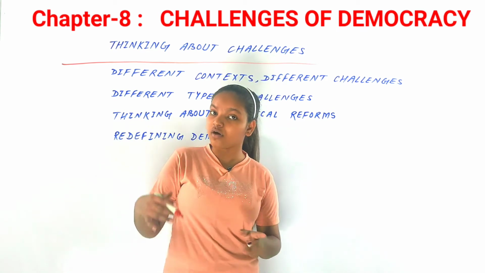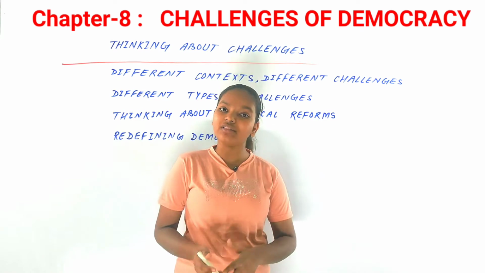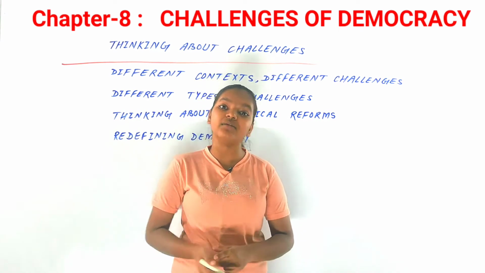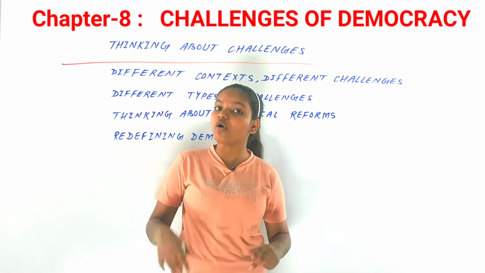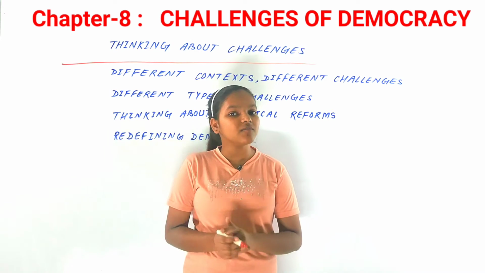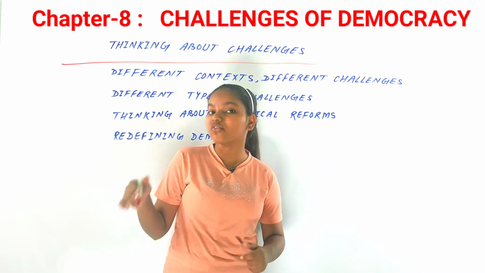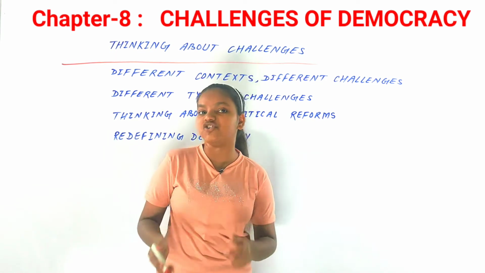The democratic form of government becomes more powerful, and the challenges faced by all democracies aren't just one type of challenge. There can be 3 types of major challenges in all parts of the world. First is the foundational challenge of democracy, which countries like Pakistan face.